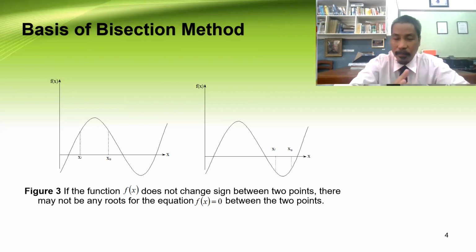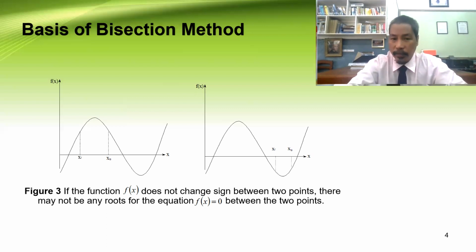So if the situation says that the function changes sign, we already know that the function has at least one root, if the function is continuous within the valid region.